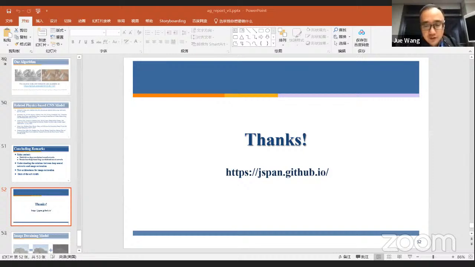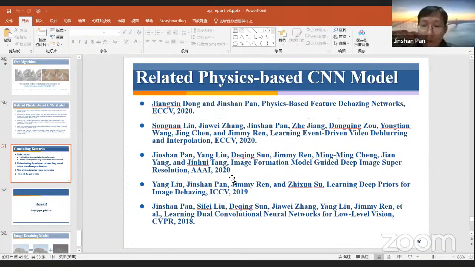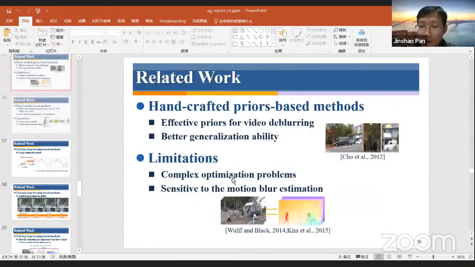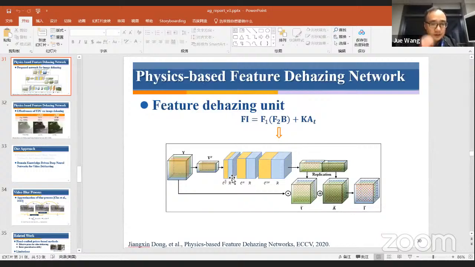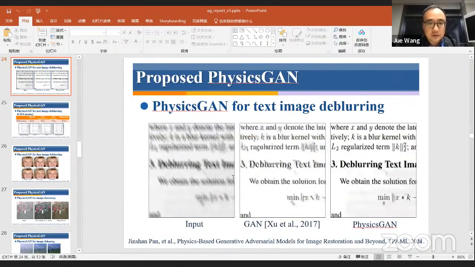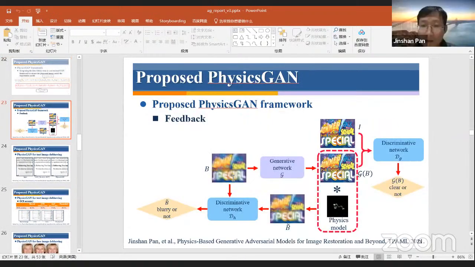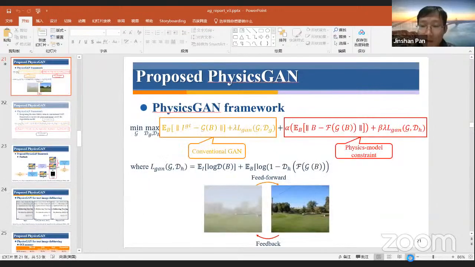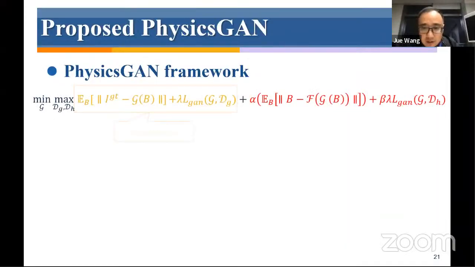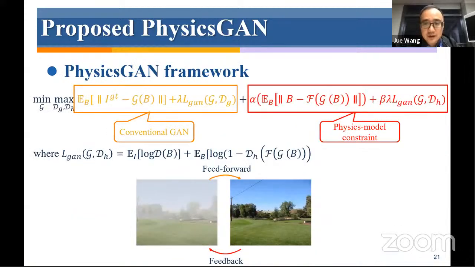Can you go back to your slide 22? That's the main equation for the physics-based model. I'm just trying to understand because you went a little bit fast.